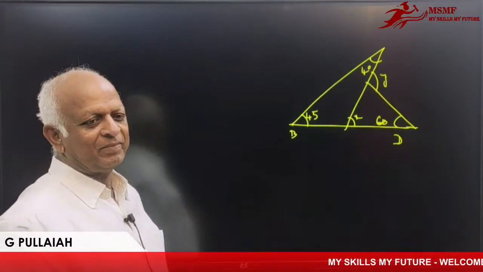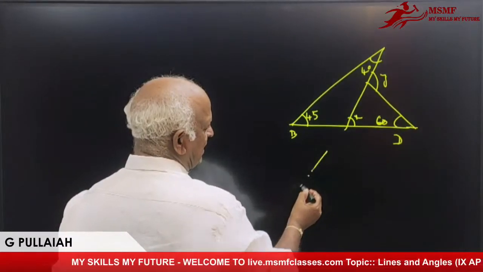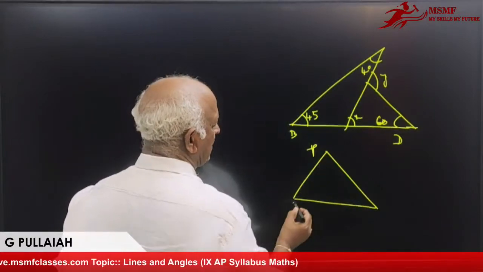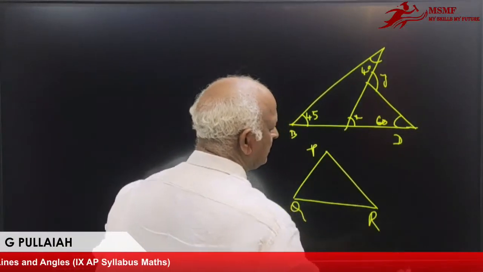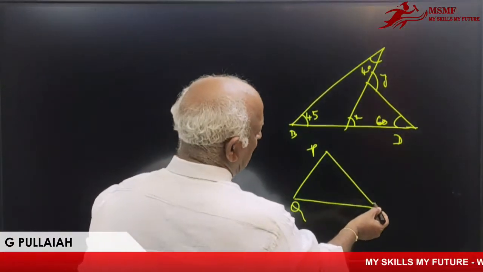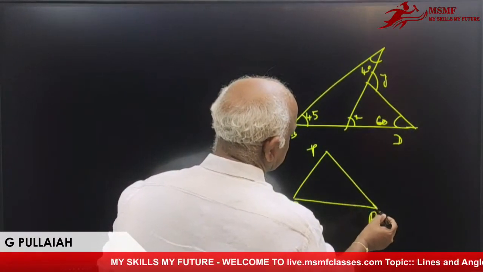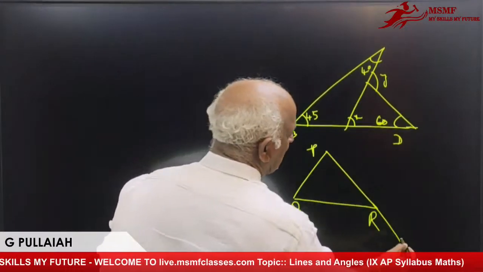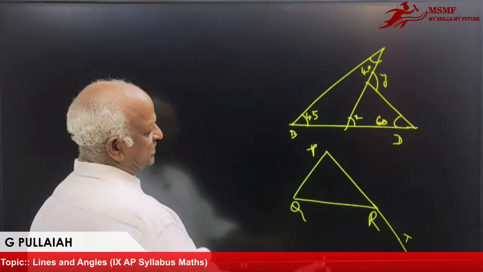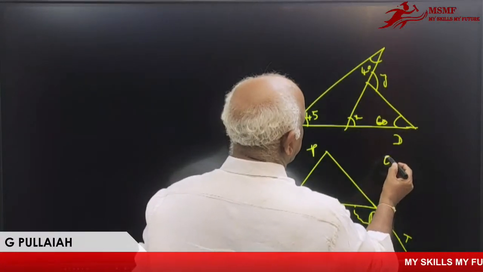Hope that yesterday we learned one concept in a triangle. If any of the sides is extended, say for example here PR is extended up to T, one exterior angle is formed, that is the QRT.